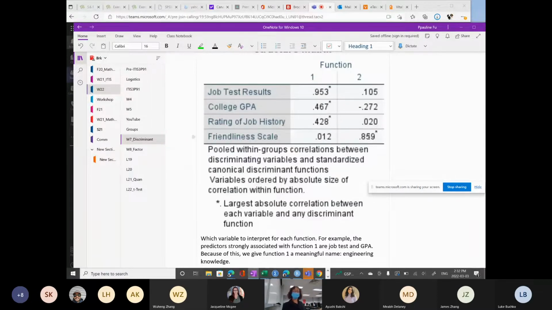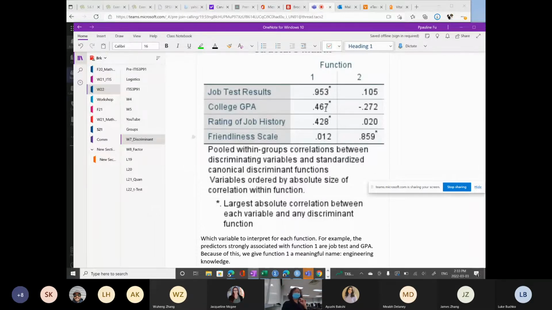You pick the next largest number, maybe job test result, but 0.859 is far away from 0.105. For function 1, we pick 2 because those 2 are pretty close, 0.9 and 0.4.